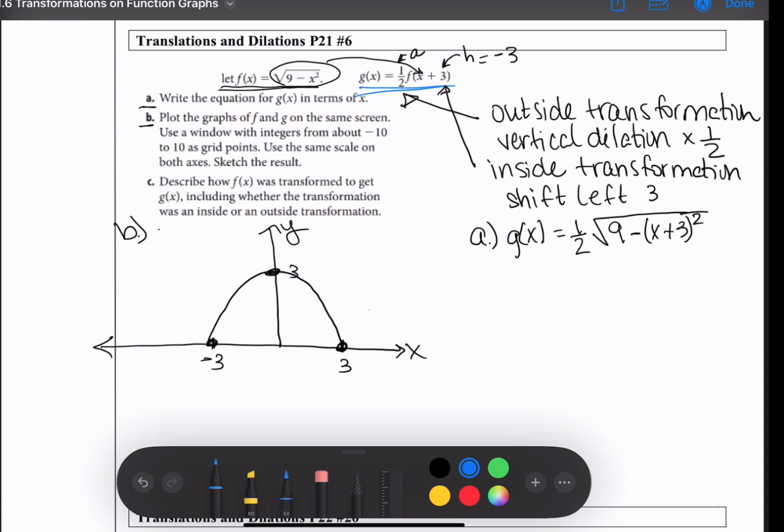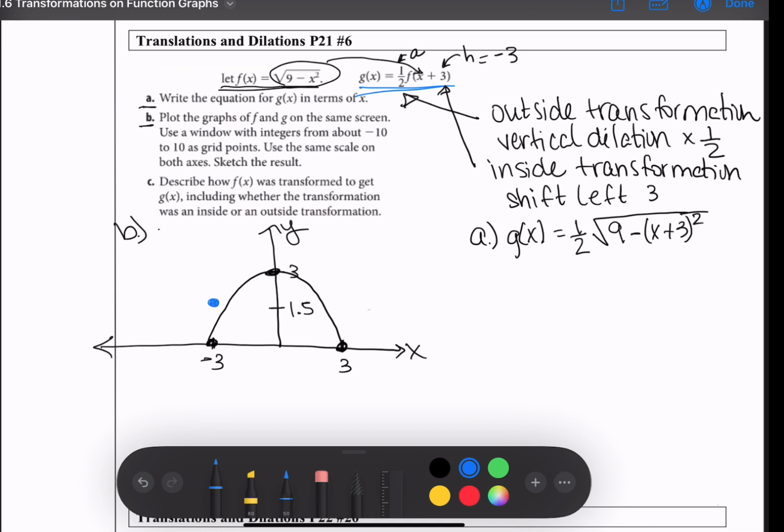My highest point occurs at 0, 3. So that means that half of that, right, that vertical shrink, is going to end up going down to 1.5. But it's not just going to stay at 0, 1.5. I've got to now shift that left 3. So that point now moves over to -3, 1.5.